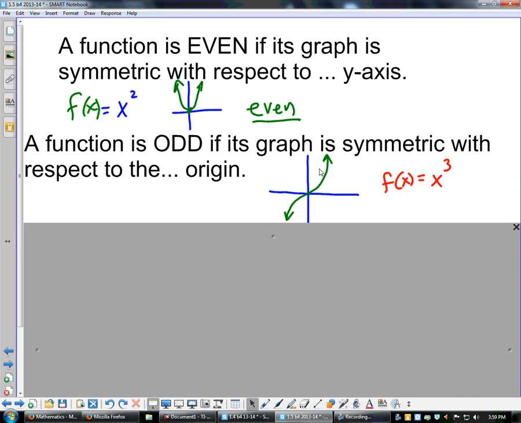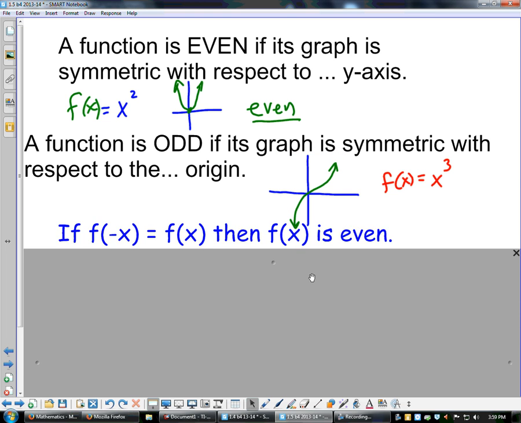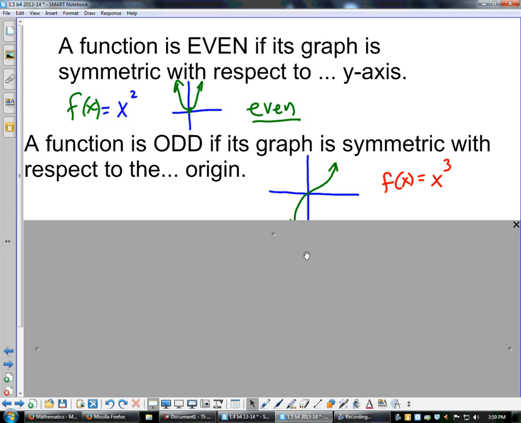Does this pass the 180-degree spin test? Well, if I spin this graph 180 degrees, I will get right back to where I started from. So it is symmetric with respect to the origin, and we would call this an odd function.